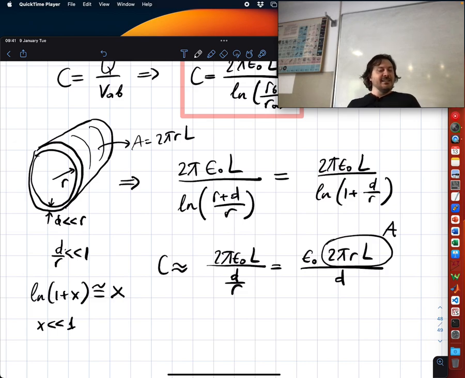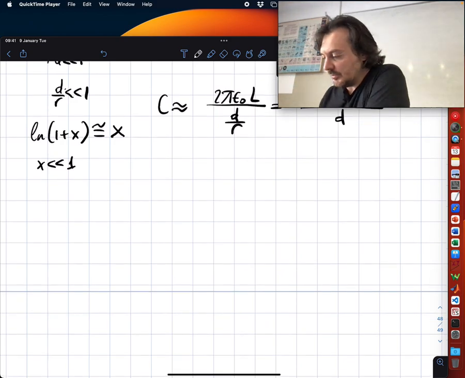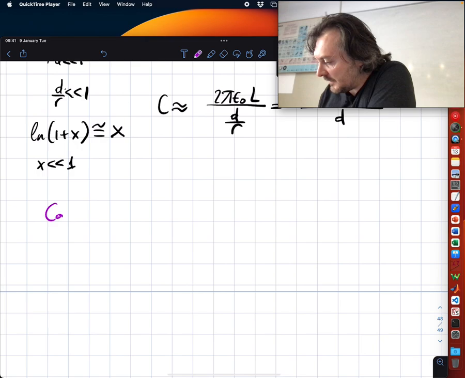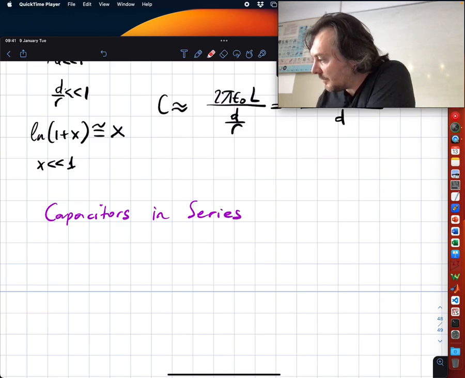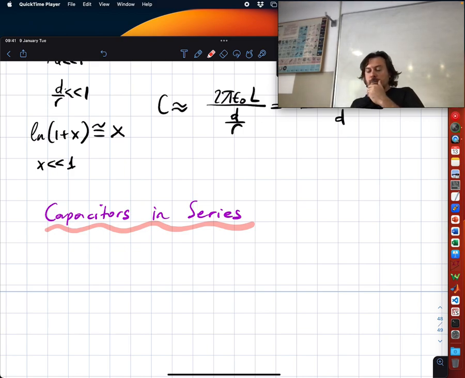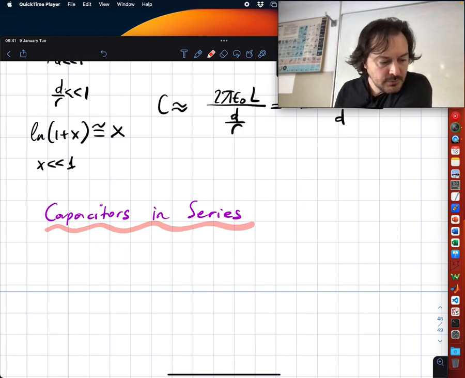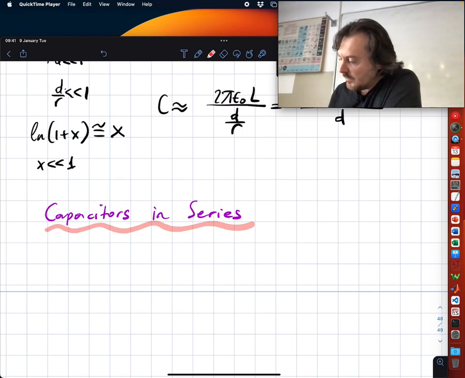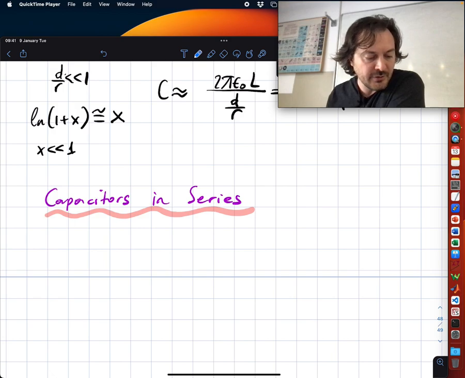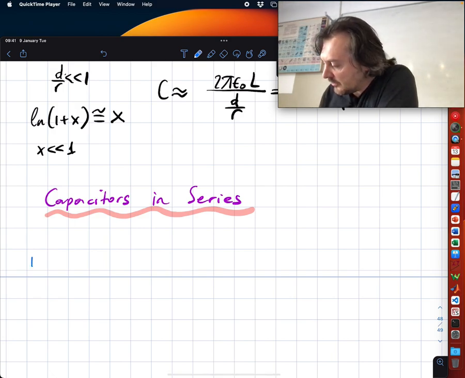Yes, you are. So let's now go back to high school and look at capacitors in series. What happens with capacitors in series? Here we are trying to create an analogy of this one.